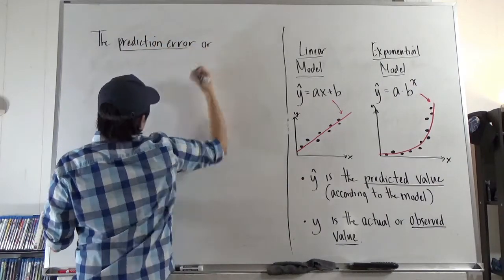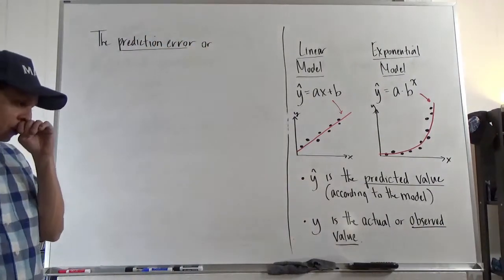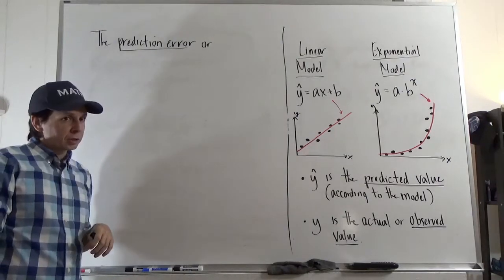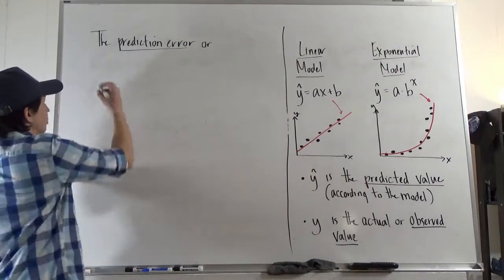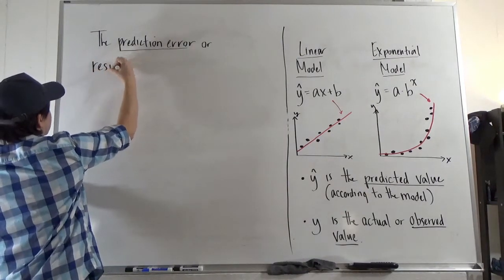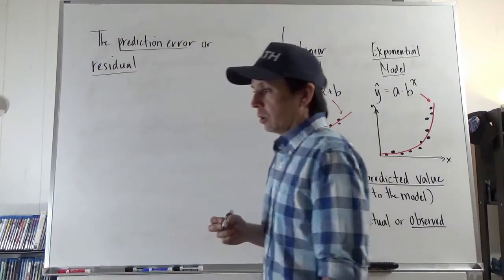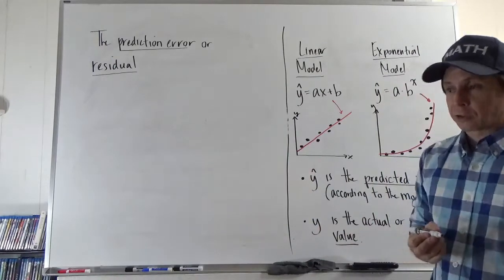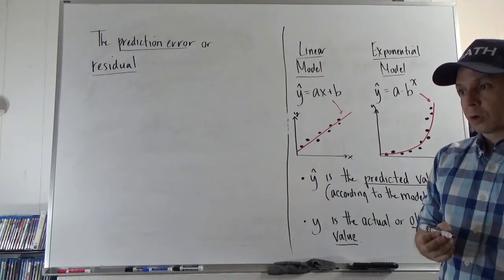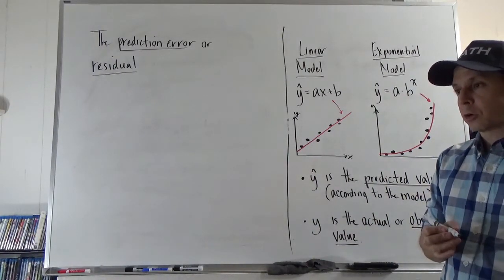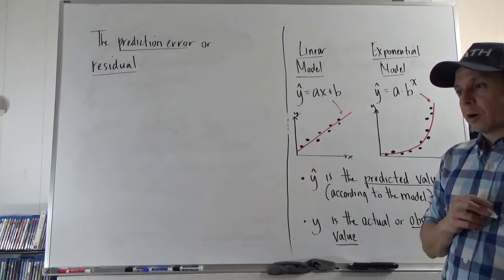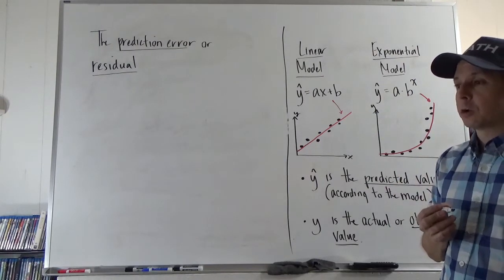A fancier term that the calculator uses, abbreviated RES, is the more abstract term residual. It may come up in a future math class. I'm not using it. I'm going to use a simpler, more self-explanatory term, prediction error. But be aware, residual is a common term that they use instead.